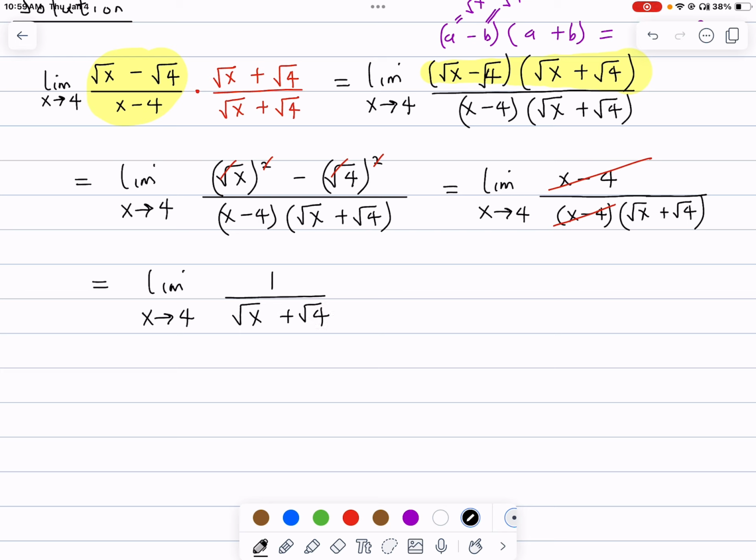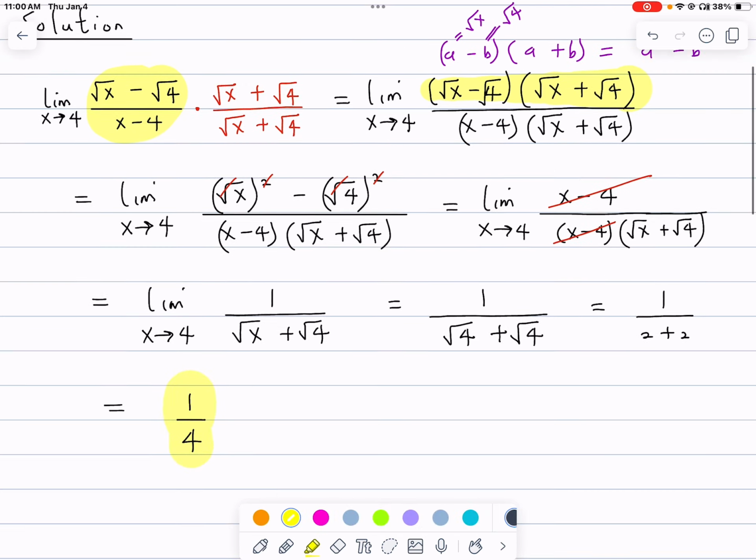And at this point, I can plug in 4, because it's the limit as x approaches 4, and when I plug in 4, the denominator is not going to be 0. So I can plug in 4 for x, and this is just going to be 1 over 2 plus 2. So it's just going to be 1 over 4. And that's the limit. That's it.